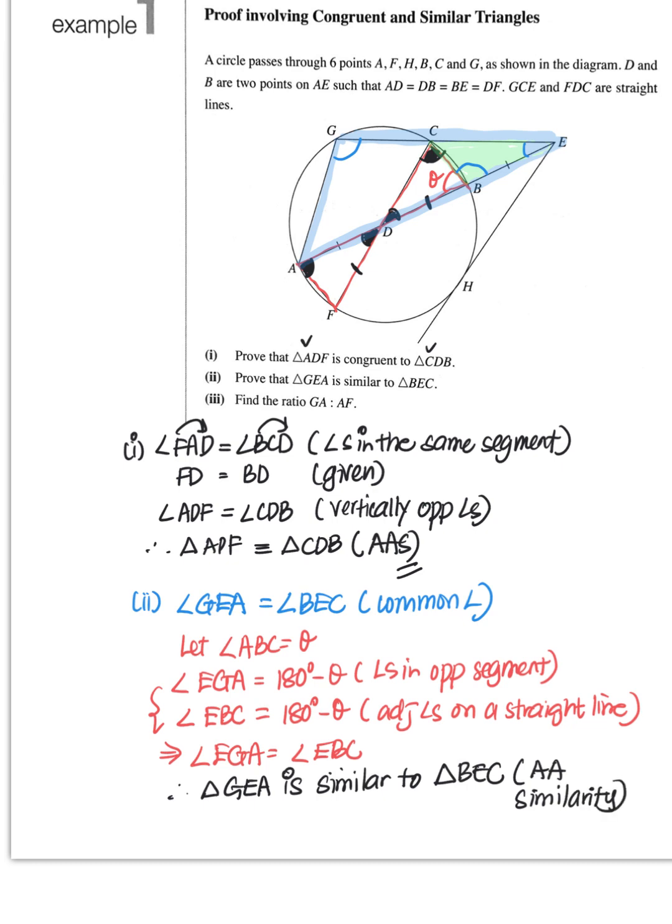Okay, and the last one would be to find the ratio. Okay, the last one, I'm just going to put it here, but 3, right? The ratio of GA to AF. Okay, GA to AF, huh?